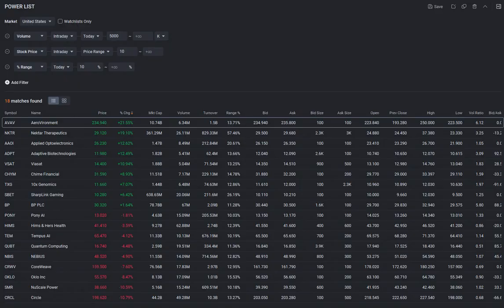Now let's move to the third and most important parameter, which is actually a screener in this power list: the intraday range. We want the intraday range to be 10%, which is a very tough barrier. That means that if a stock's price is $100, the range from the highs to the lows will be $10 or more. That's a lot.